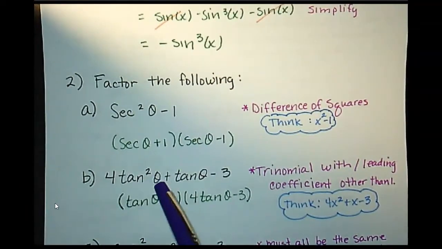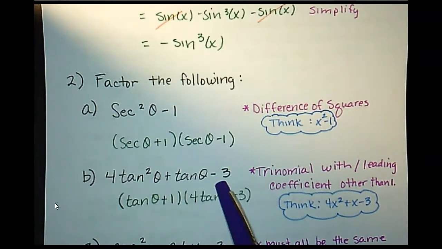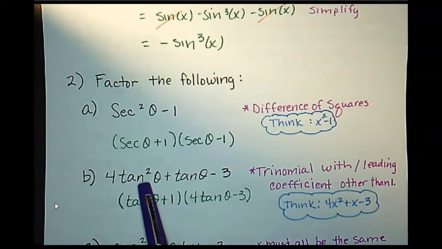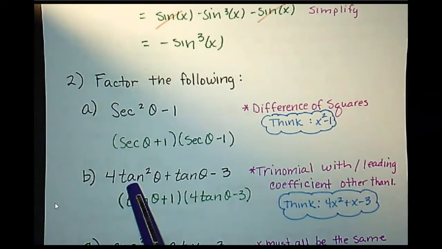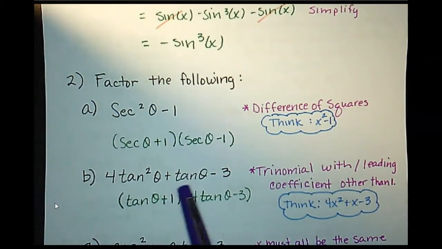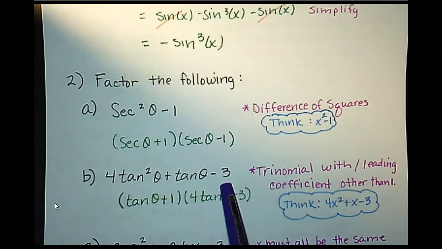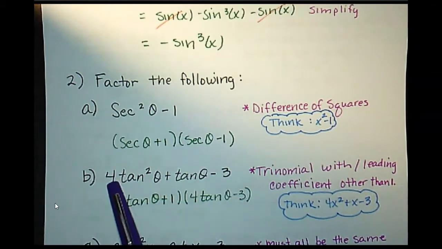The second one, 4 tangent squared theta plus tan theta minus 3. Notice there's no equal sign, we're just factoring. And so if I think about this as 4x squared plus x minus 3, in other words, if I take and make tangent x, then I have 4x squared plus x minus 3. So basically that's a trinomial with a leading coefficient other than 1. So you would need one of your strategies, cab, box, factor by grouping, all of those things.